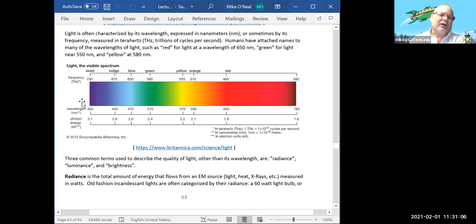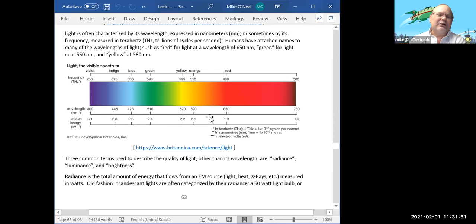The vast majority of references will say green light is near 550 nanometers, though they have it shown at 510 here. It varies a little from source to source, because what is green? There's a spectrum of green. Is green here or is green here? Different people put it in different places. So there is no actual wavelength number that everybody agrees is the perfect wavelength for green light.